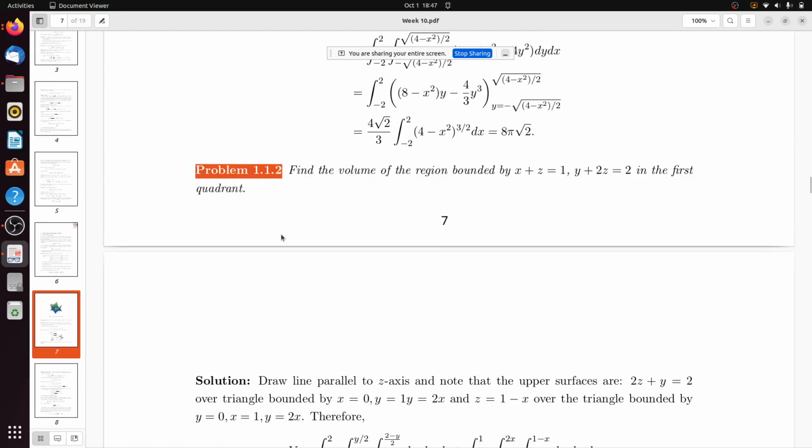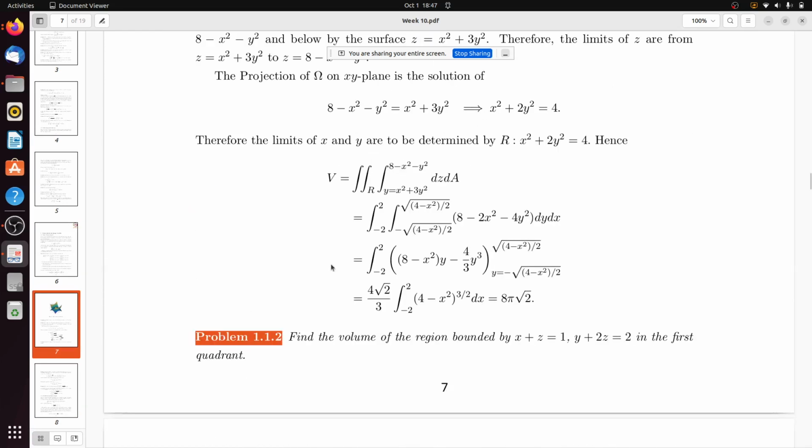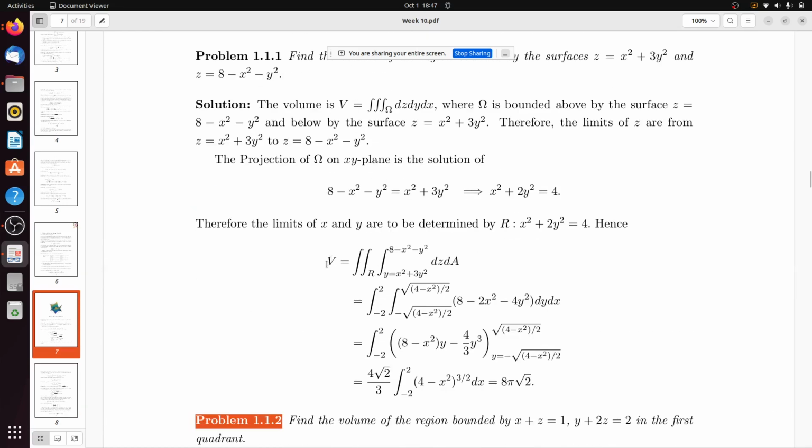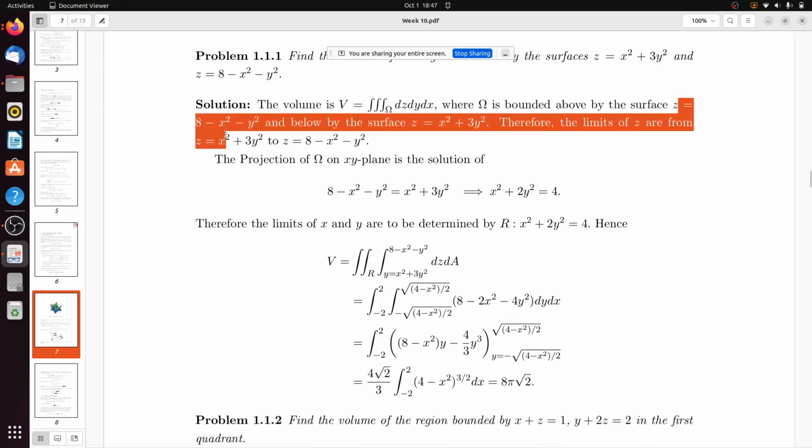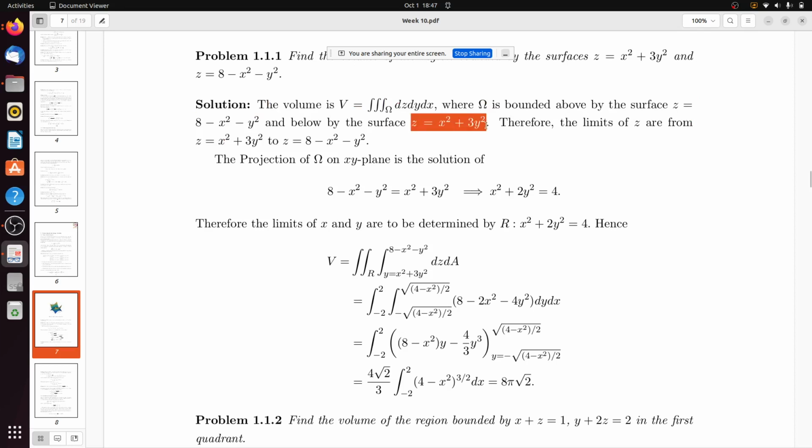Okay, there is one more problem on volume integration. See, the idea is, if you have two surfaces, z equal to phi(x,y) and z equal to psi(x,y), the first task will be to determine the projection of the surface on the xy plane.